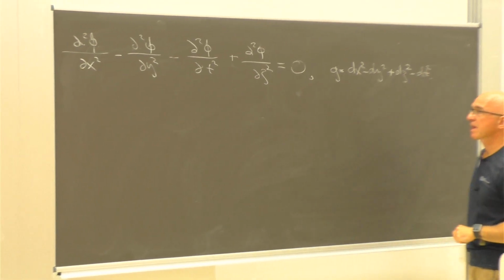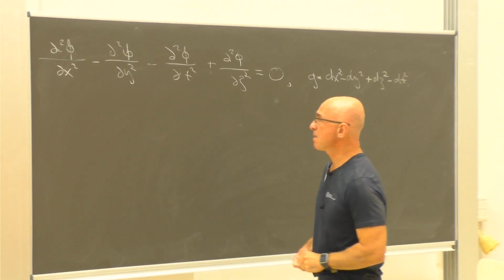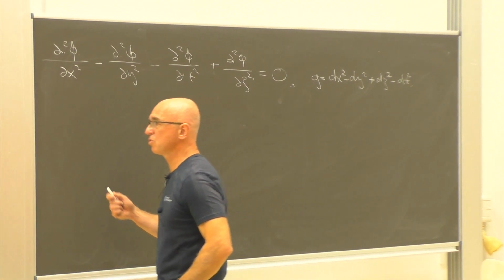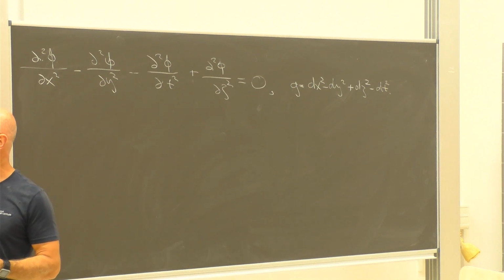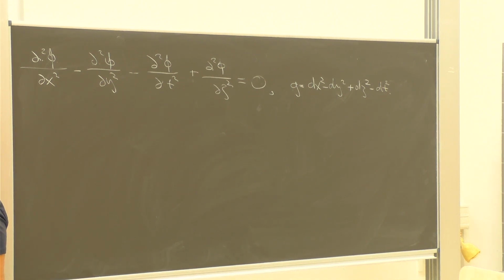Okay? And the seminal result of John is that this equation characterizes the range completely. So if I give you a phi which satisfies this ultra-hyperbolic wave equation, then this phi will arise from some f.